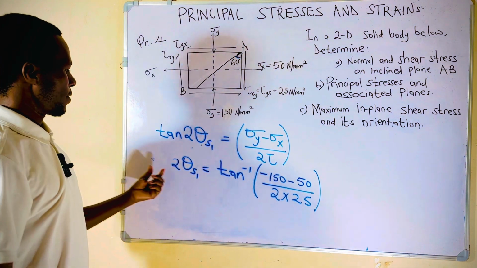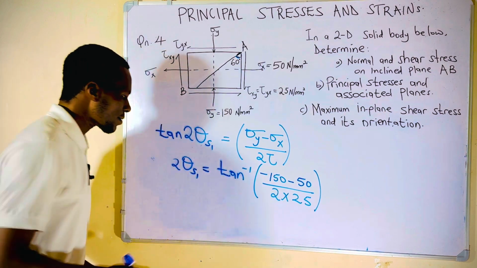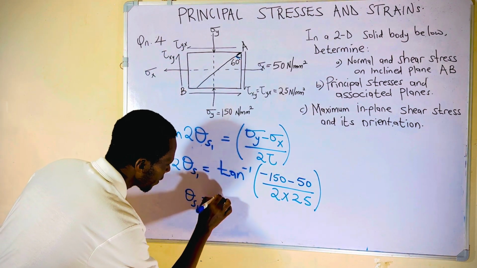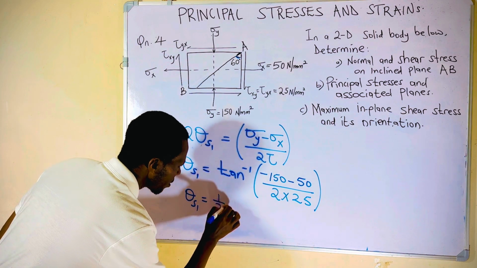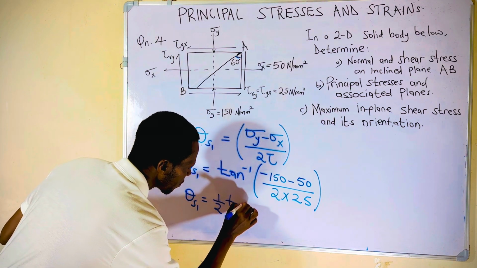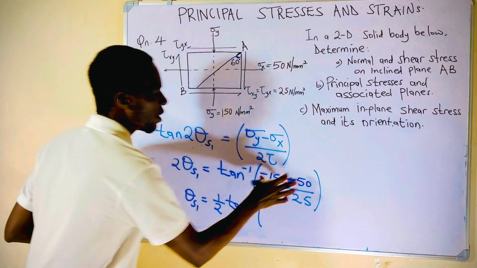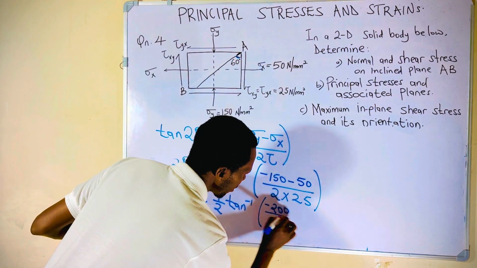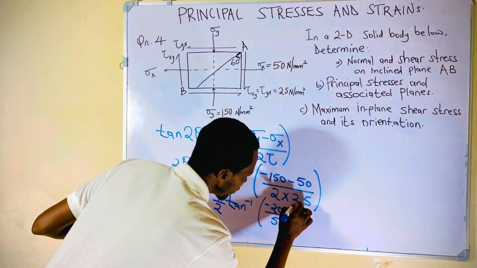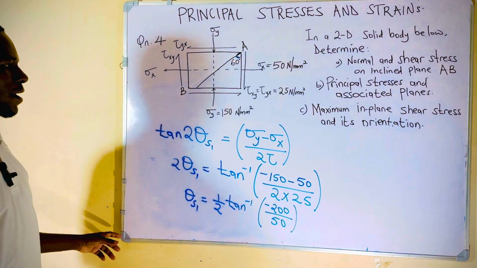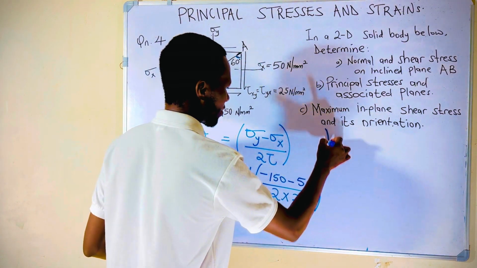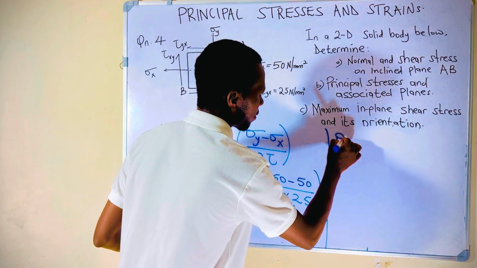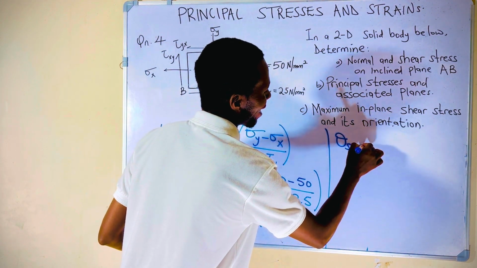Okay? So you can also take this to the other side so that you only remain with theta s1. This is tan inverse of what do we have up here? Minus 200 divided by positive 50. Okay. Well, so you can press this into your calculator and find the value of theta S1.